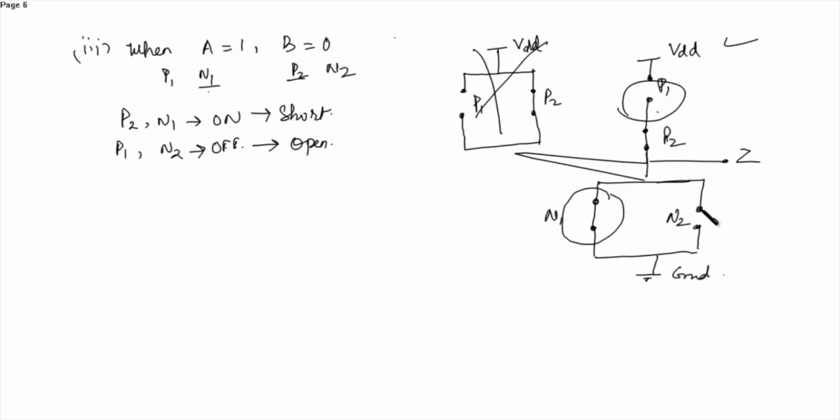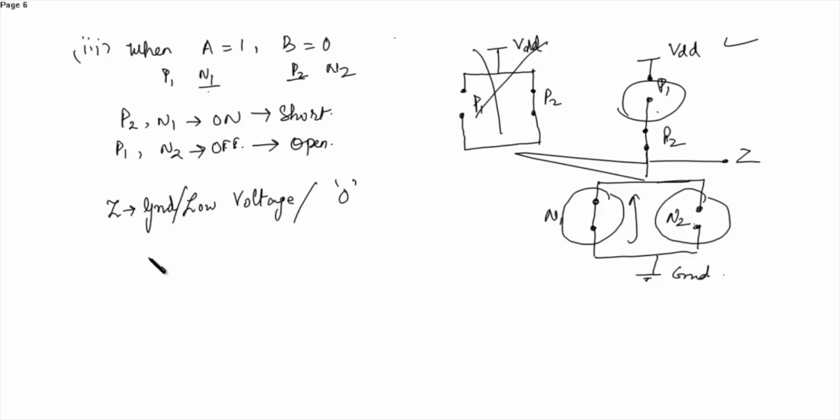This is short circuited, this is open circuit, and N1 and N2 are in parallel. So even though this is open circuit, you will obtain this value. So here Z is nothing but ground, or the low voltage, or you can say 0.